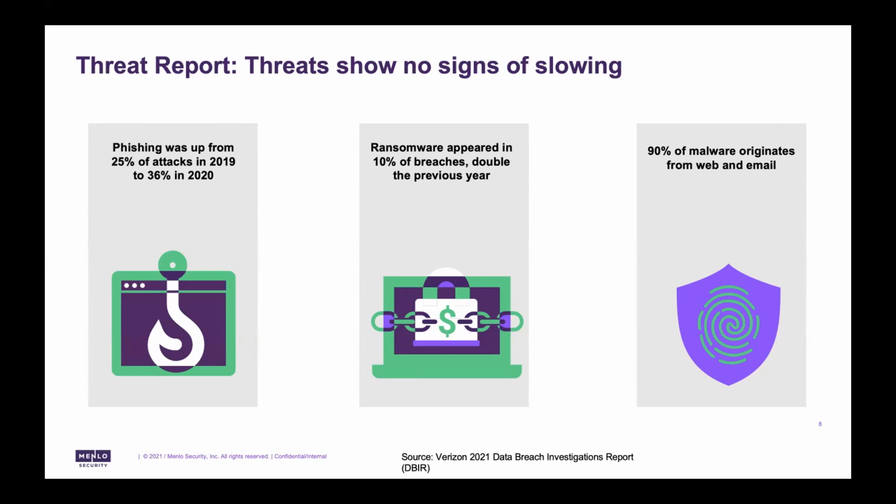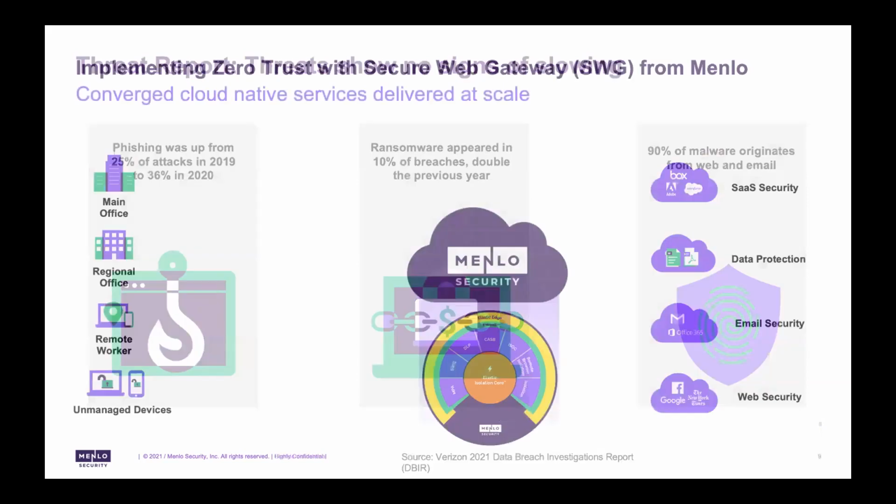This is also compounded by the prevalence of cryptocurrencies as a vehicle to extract the ransom. And very importantly, malware still originates overwhelmingly via the web and email, with phishing and downloads corresponding to 90% of the origination of malware. And these are all capabilities that a zero trust approach powered by isolation can help address.